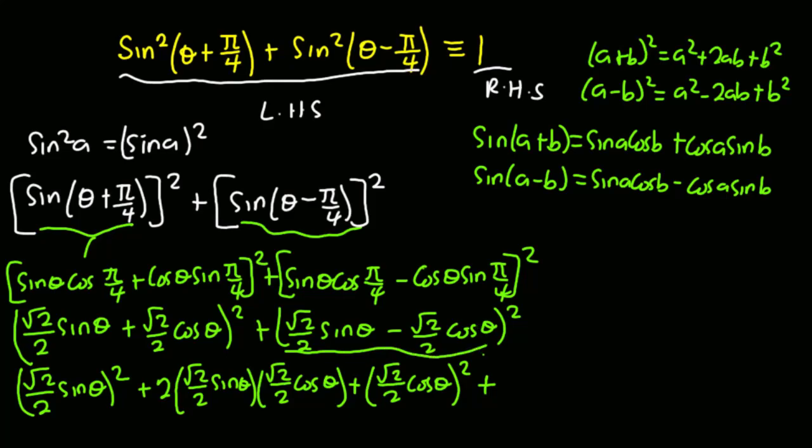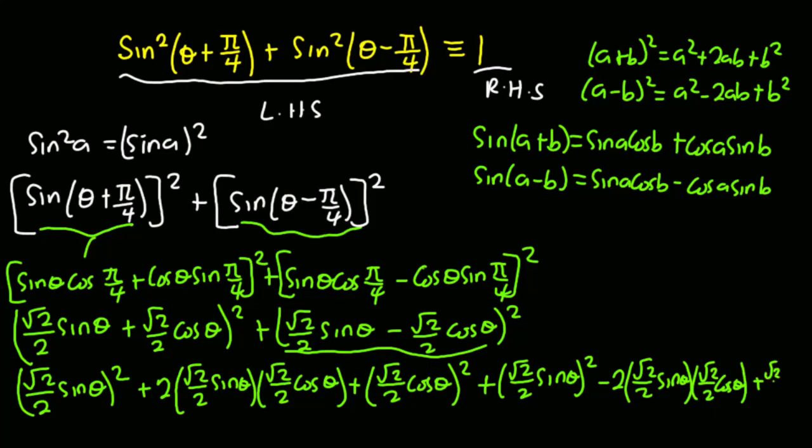Once again our a is root 2 on 2 sine theta, so this gives root 2 on 2 sine theta all squared, minus 2 multiplied by root 2 on 2 sine theta multiplied by root 2 on 2 cos theta, then finally root 2 on 2 cos theta, everything squared.